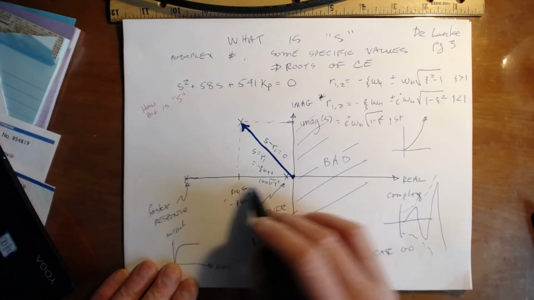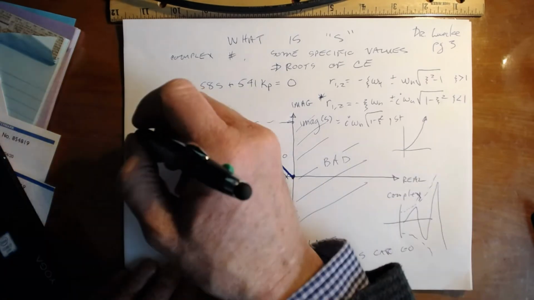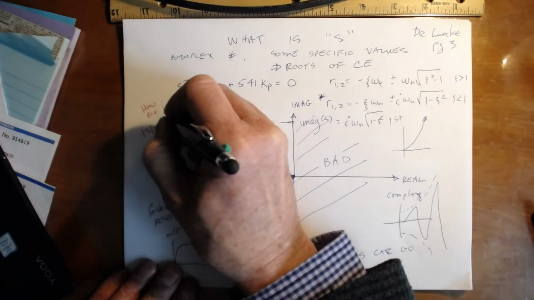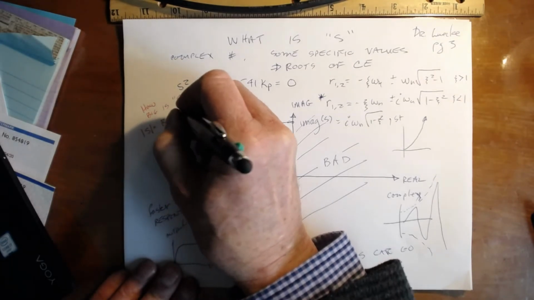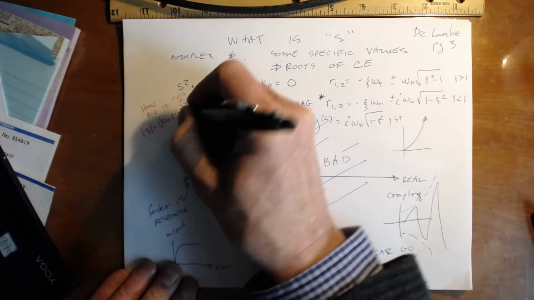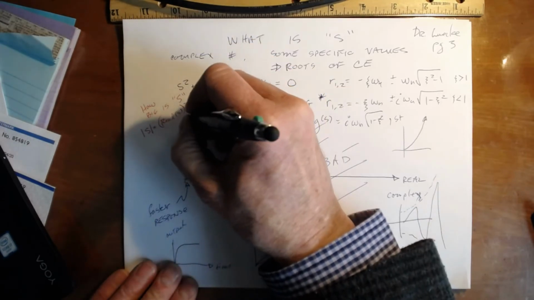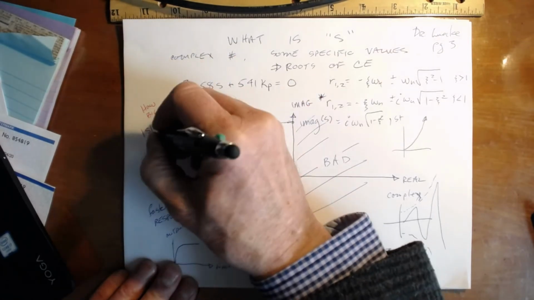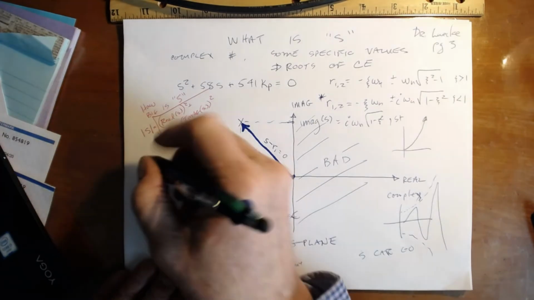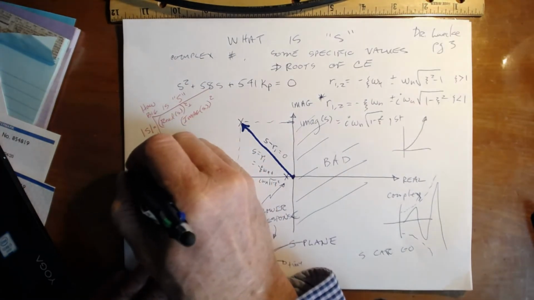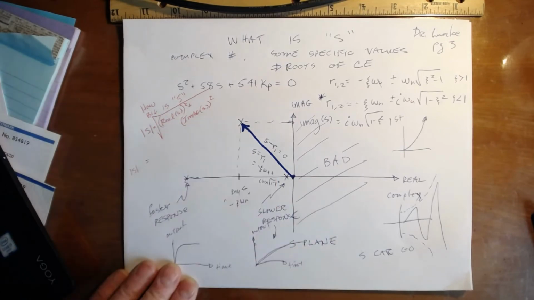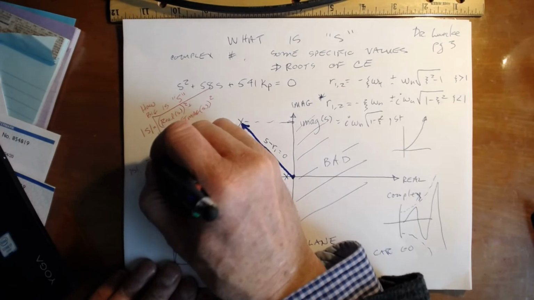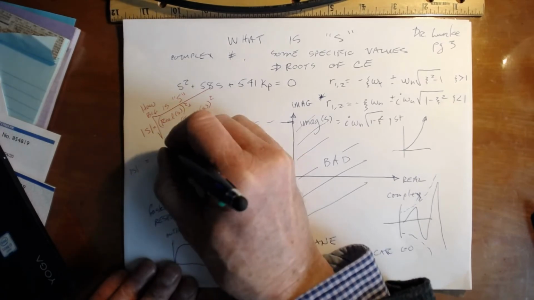The magnitude of s is equal to the square root of the real part of s squared plus the imaginary part of s squared. So let's just do that. The real part is zeta squared omega n squared, so I get to get rid of that minus sign there.